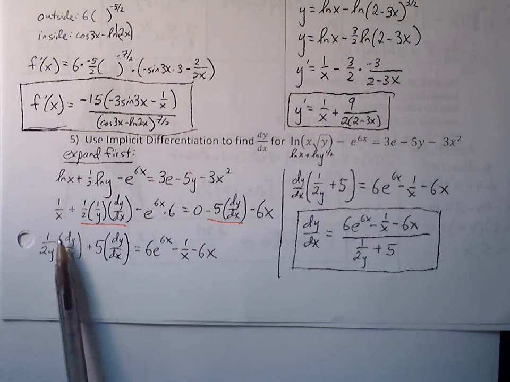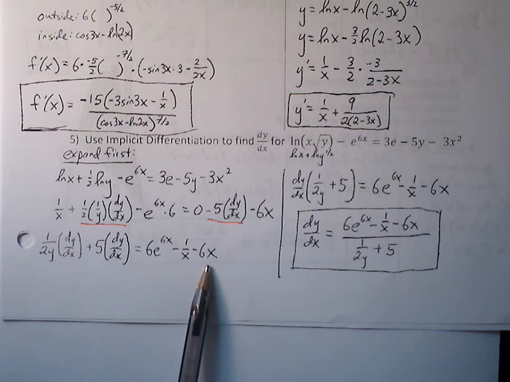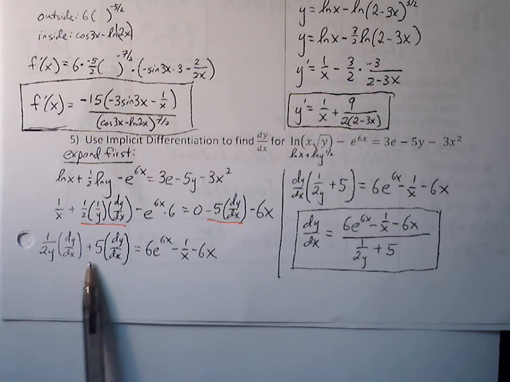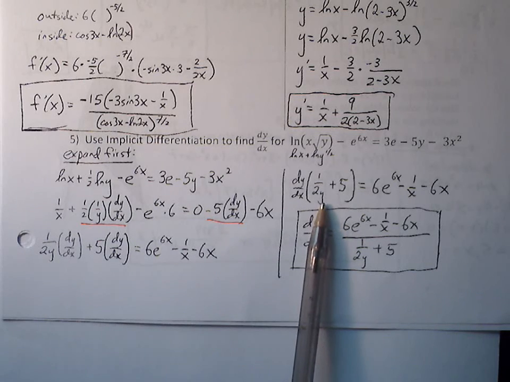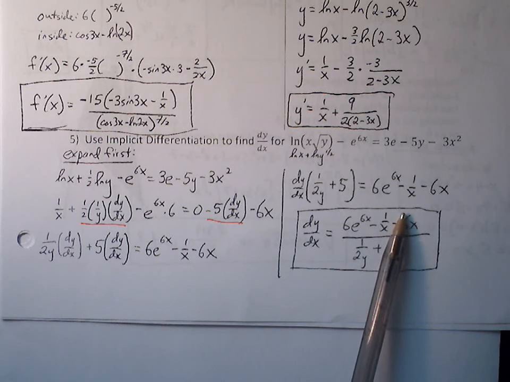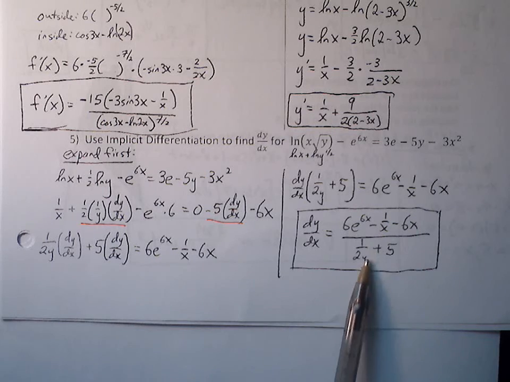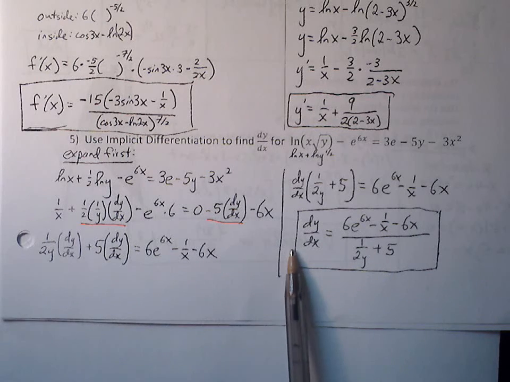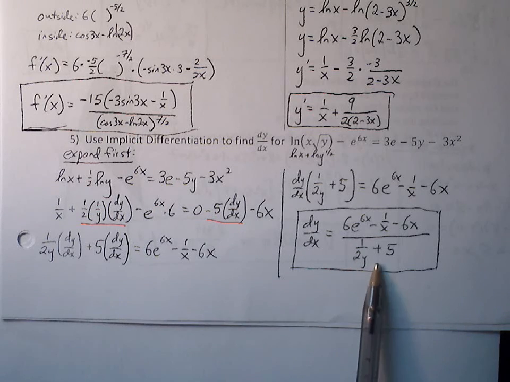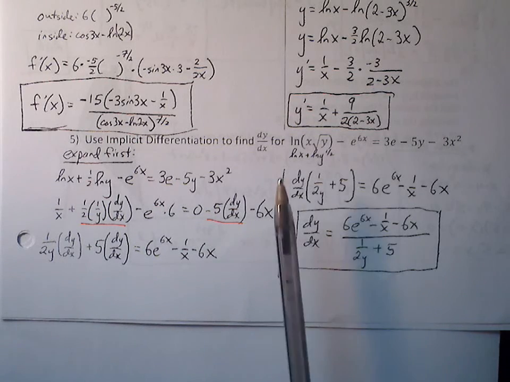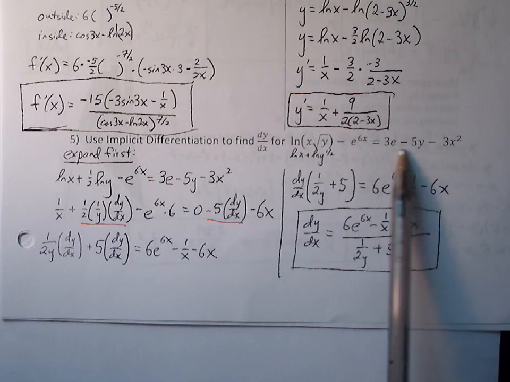I'll subtract the 1 over x over to the right side. We're almost there. Just have to factor out the dy dx. And then move the parentheses back down below this numerator expression. And we have our slope formula, our derivative equation that will describe the steepness behavior of every point on this original graph, whatever this graph looks like.